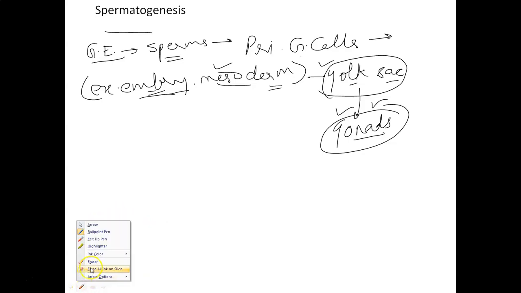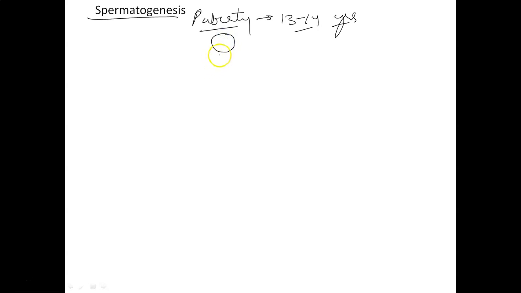Now we will see the process. At the onset of puberty, which in males starts at 13 to 14 years, the germinal epithelium will undergo mitotic division.